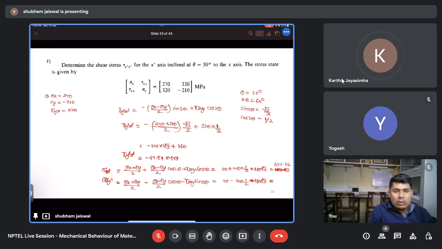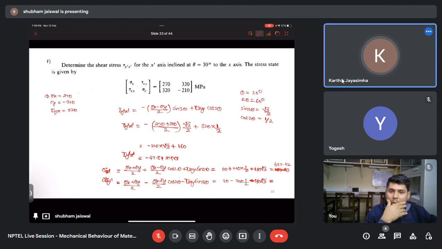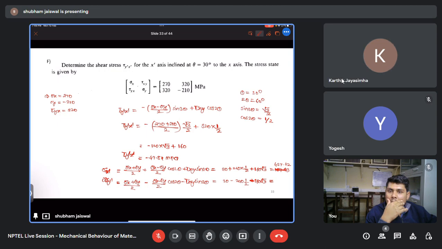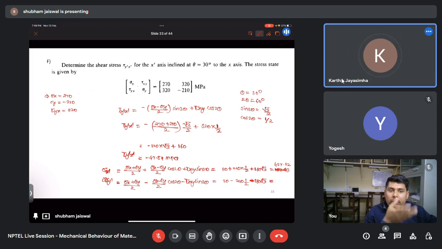Just check. Sigma x plus sigma y by 2: 270 minus 210 is 60, 60 by 2, 30. Yes, sir. 30 plus 480 by 2, 240, into cos 2 theta, which is 1 by 2, 120. That is 150.